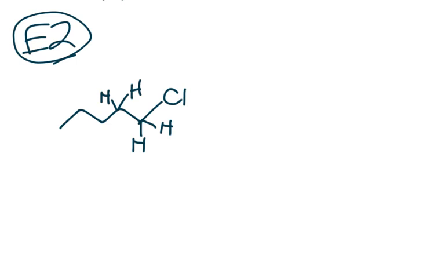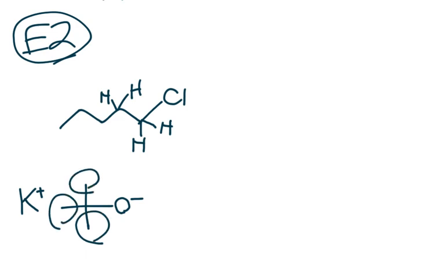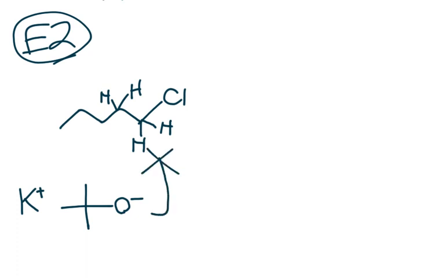So a common one that you'll see is we'll take some kind of positive ion. Let's say we have potassium, and we're going to have a tert-butoxide. So these are all methyl groups on this carbon. So this carbon has got a lot of stuff going on, and if this tries to go in there, that's not going to work. So it's going to have to attack something that's more on the outside. So it's got electrons, right?